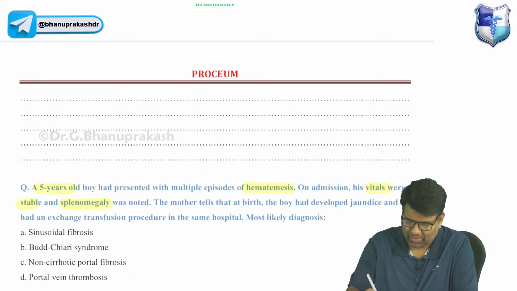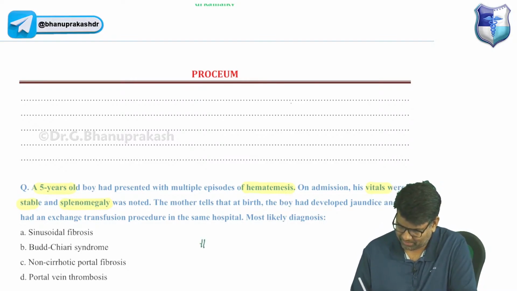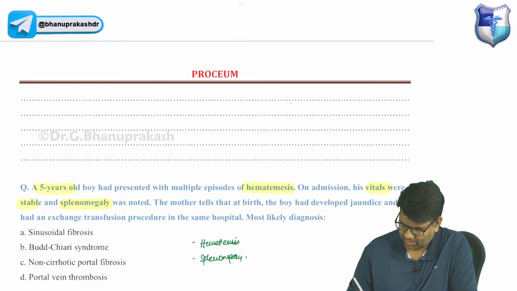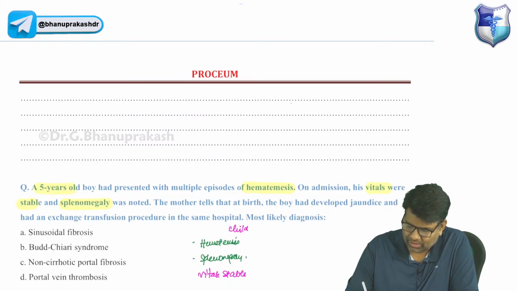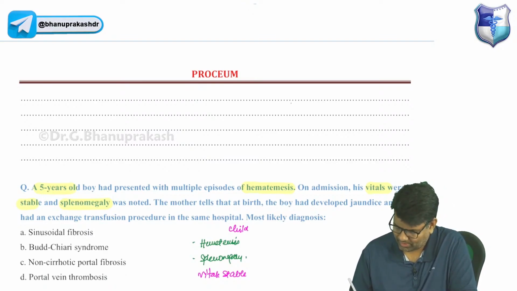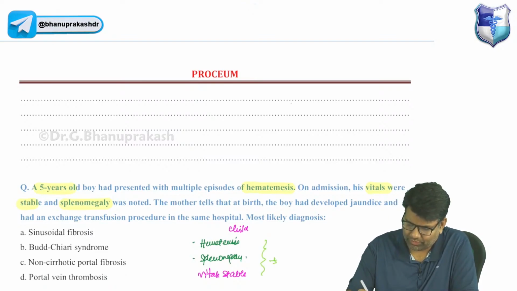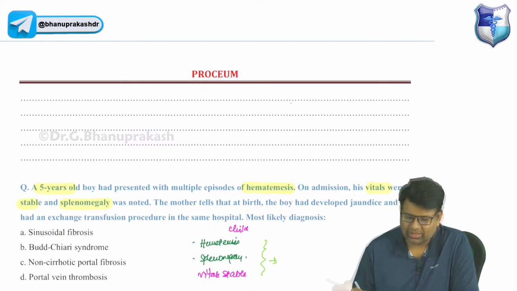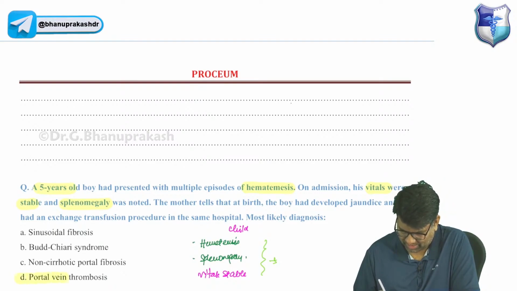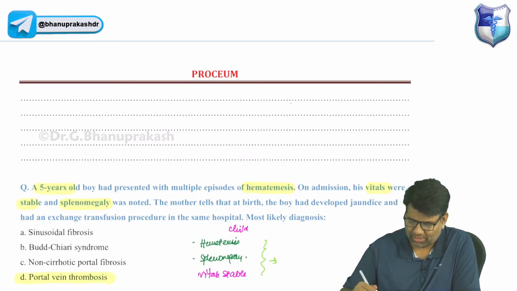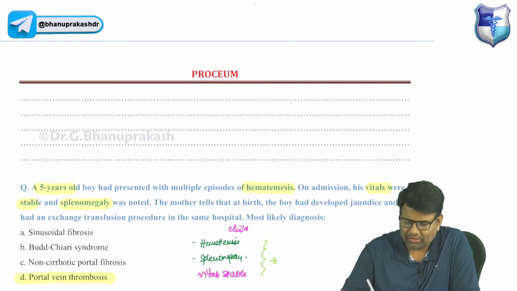So hematemesis, splenomegaly, but vitals stable, in a child, this is suggestive of portal vein thrombosis, right? So this picture is portal vein thrombosis.